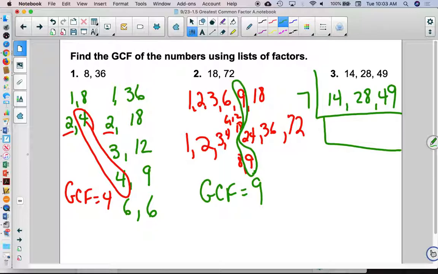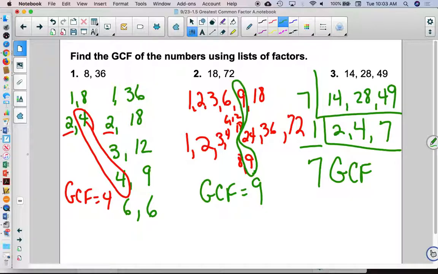Twice. 7 goes into 28 how many times, Brett? 4. Good. 7 goes into 49 how many times, Brian? 7 times. What number will go into 2, 4, and 7? 1. 7 times 1 is 7. That is my GCF of 14, 28, and 49.